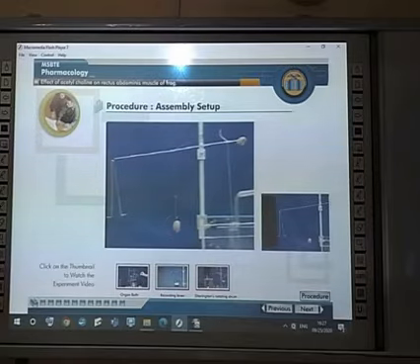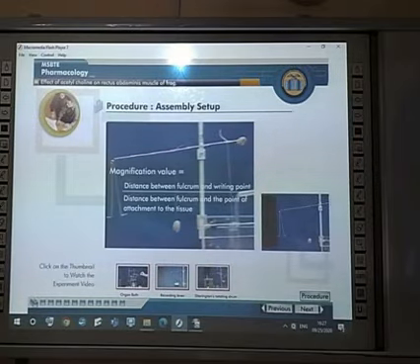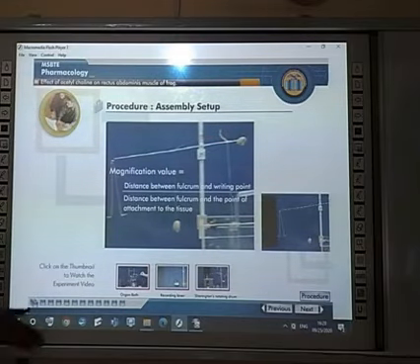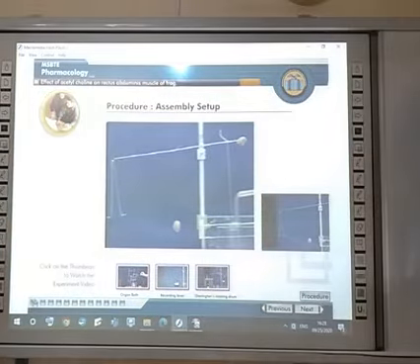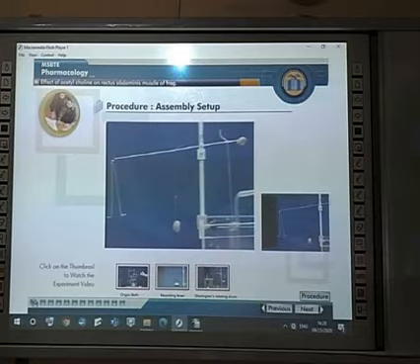Magnification value is calculated by using the following formula: magnification value is equal to the distance between fulcrum and writing point upon the distance between fulcrum and the point of attachment to the tissue. For recording the effect on frog's rectus abdominis muscle, 5 to 10 fold magnification is required.